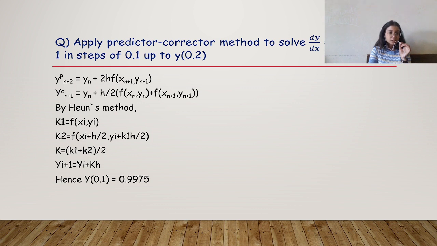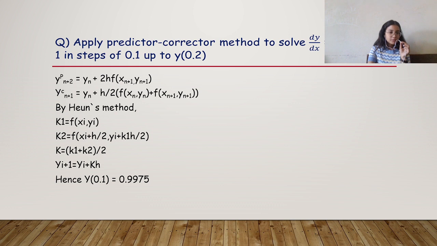And the answer is: y(n plus 1) predictor equals y(n minus 1) plus 2h times f(xn, yn), and the corrector equals y(n plus 1) equals yn plus h/2 times [f(xn, yn) plus f(x(n plus 1), y(n plus 1))].